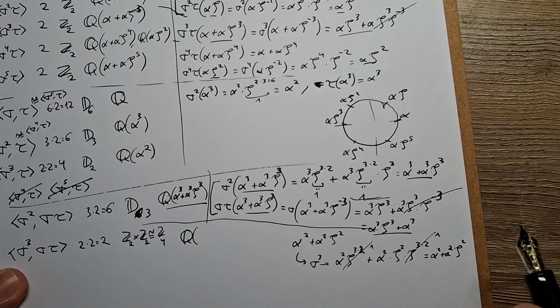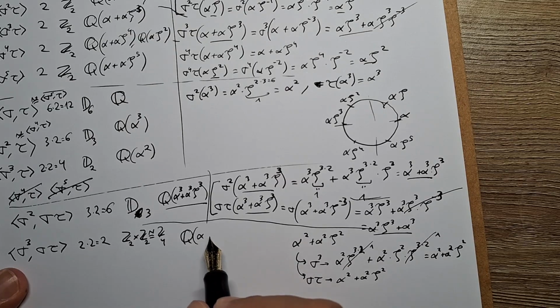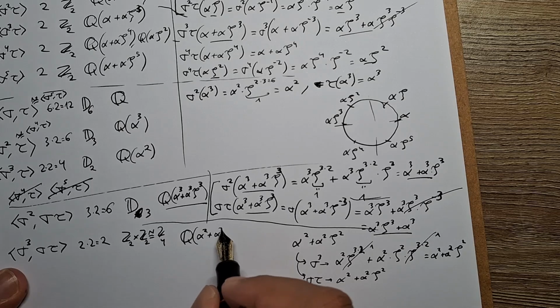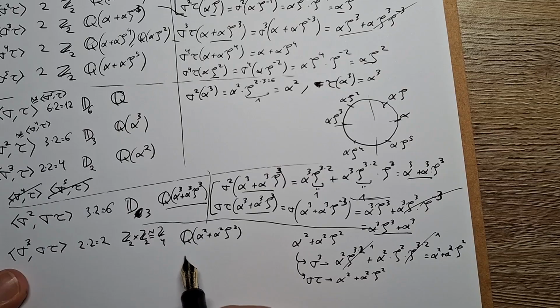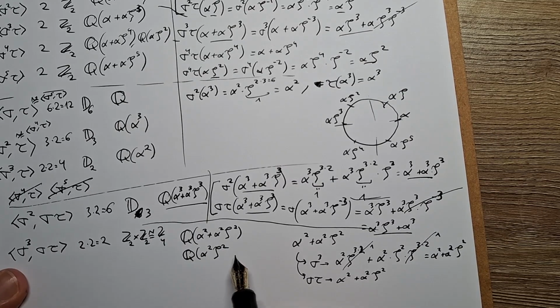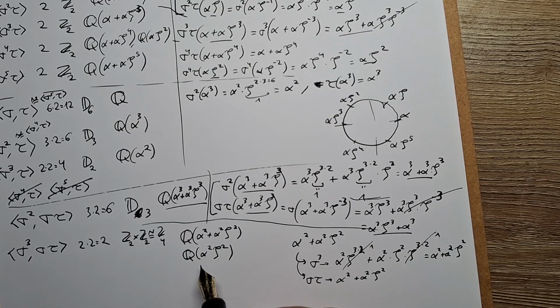And from before, we know that when you apply sigma tau here, you also end up having alpha squared plus alpha squared theta squared. So this is the fixed field, alpha squared plus alpha squared theta squared. But there is more. If you try also, you can see that alpha squared theta squared is also a fixed field.